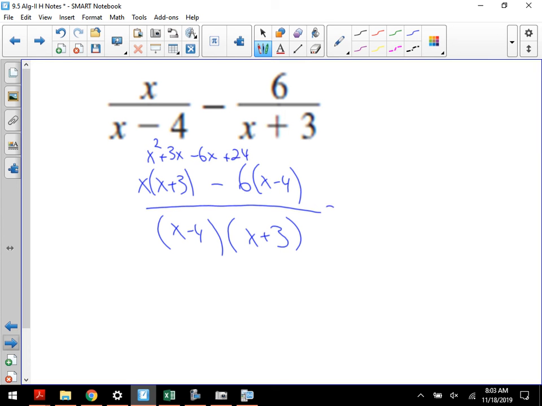So my numerator becomes x squared minus 3x plus 24 all over x minus 4, x plus 3. What times what's positive 24 to get you to negative 3?